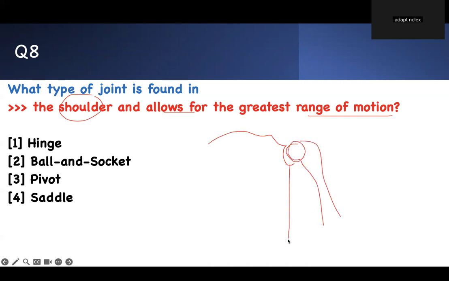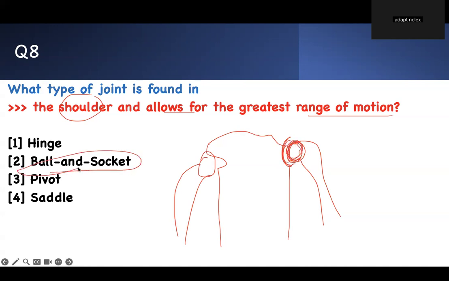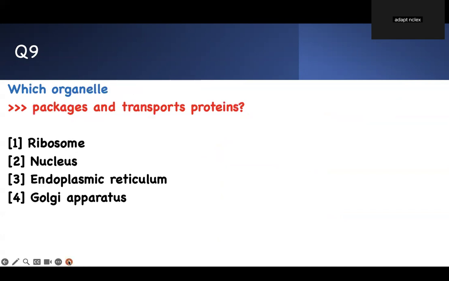And this is your chest wall, right? So this thing comes here and the humerus comes here like that. So you see this head looks like a socket and this looks like a ball. So it's a ball and socket joint. That is the shoulder joint. Okay, so that's the way to underline.